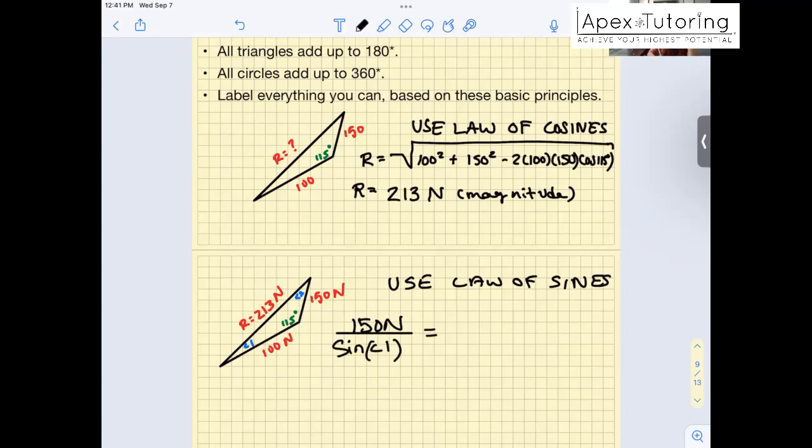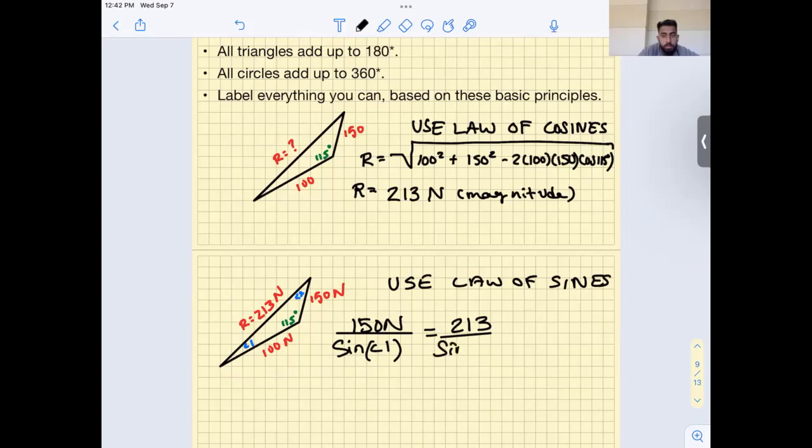And if I wanted to use the 213 side, what do I put it over? Angle 115. Yes, sine of 115 degrees. Now be careful because this is a rounded number, so make sure you actually keep the number in your calculator. Use the number stored in your calculator and don't round and then retype it in. Okay.